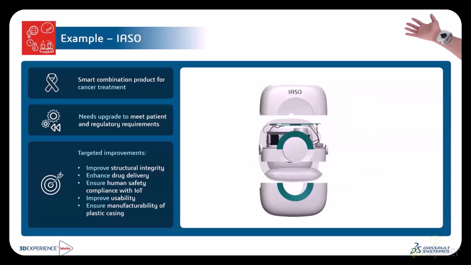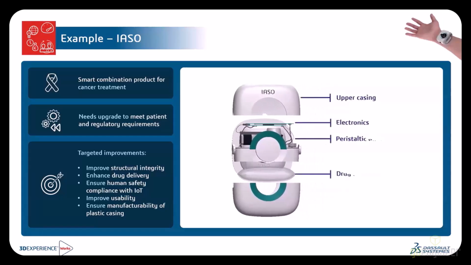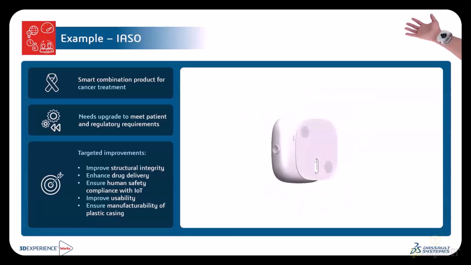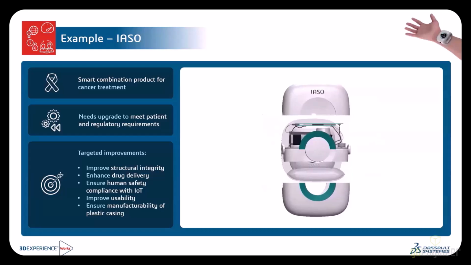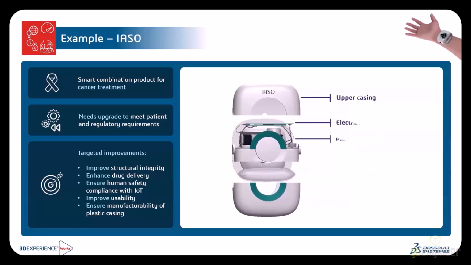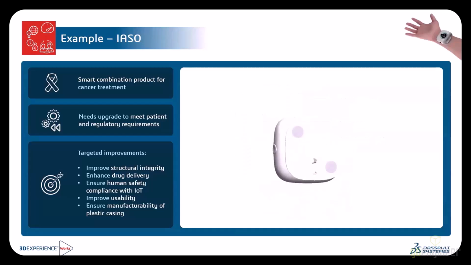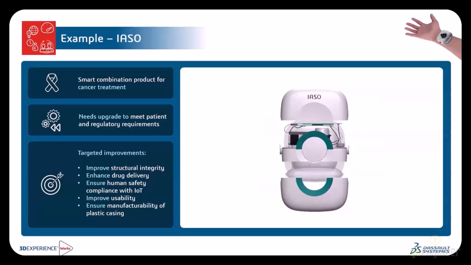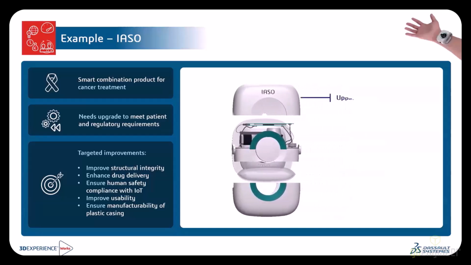In this case, it's for oncology treatment. And as you can see here, it's made up of a number of parts. There's an outer casing enclosing, of course, the drug itself, the drug delivery mechanism, which in this case is a peristaltic pump, and then some onboard circuitry for assessing what's happening at the patient itself.